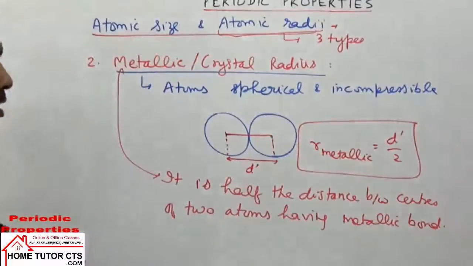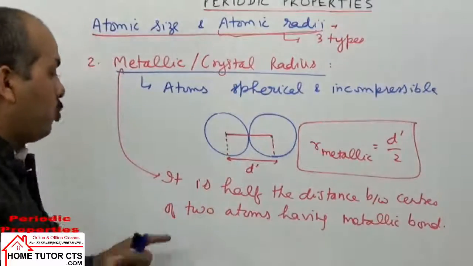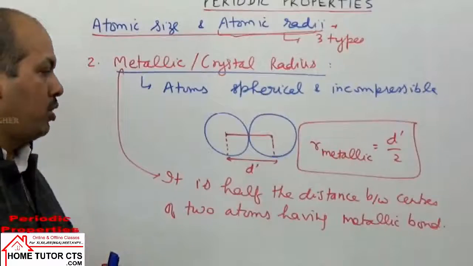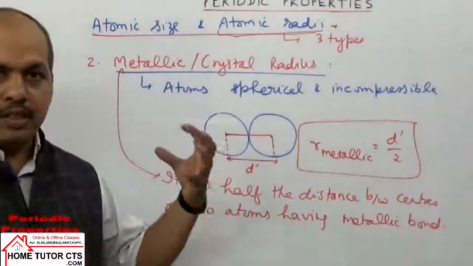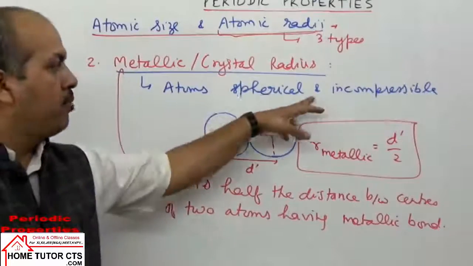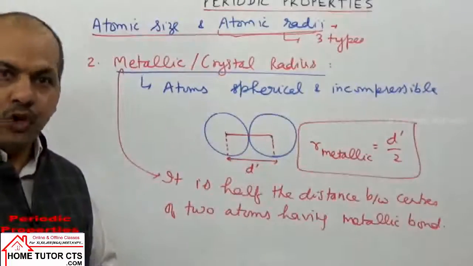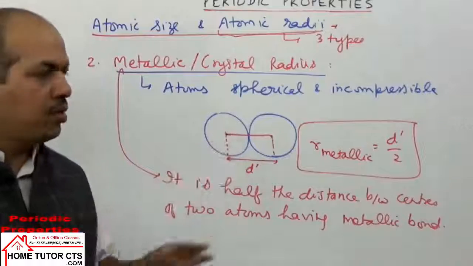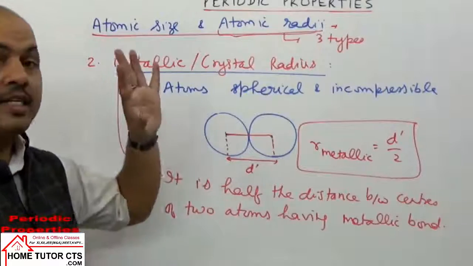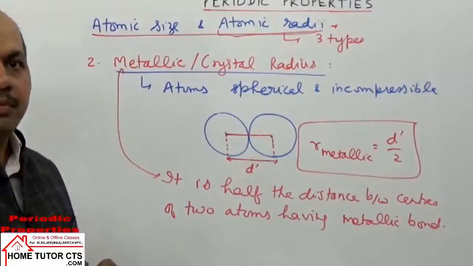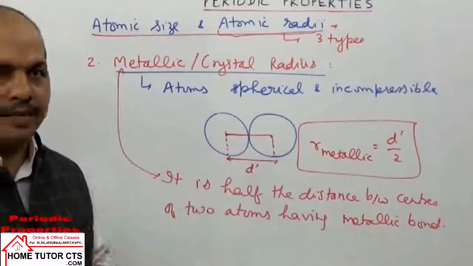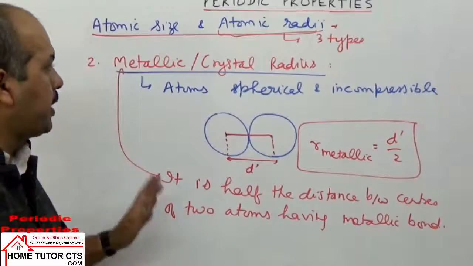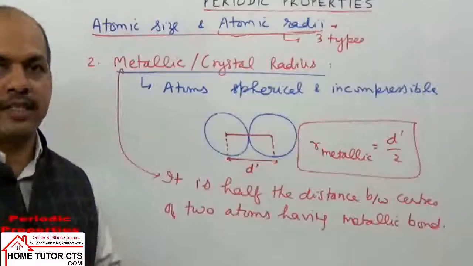In metallic bonding, the atoms remain spherical and incompressible, with no overlapping of the electron cloud. So for the same element, the metallic radius, also called crystal radius, is slightly higher than the covalent radius.